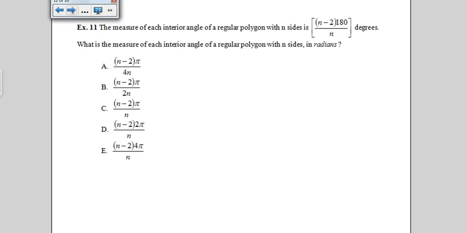Okay, the next question says, the measure of each interior angle of a regular polygon is measured with that formula. We know that. What is the measure of each interior angle of a regular polygon in radians? So we're going to write down our formula again: n minus 2 times 180 divided by n.